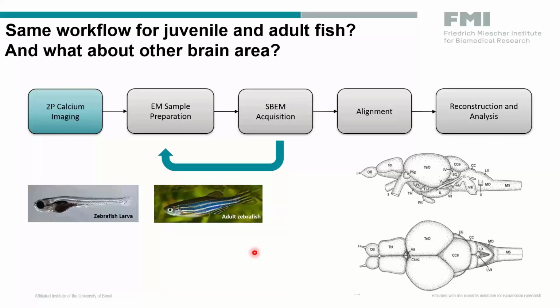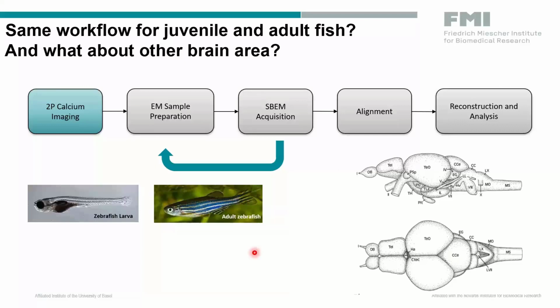This whole workflow has been done by Adrian Wanner. But Rainer Friedrich was also very interested in developing a similar workflow for the adult zebrafish, but also to image other parts of the brain.